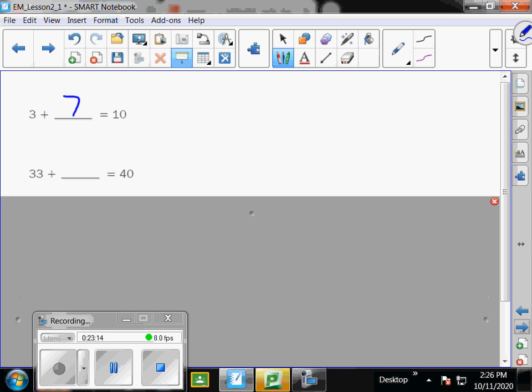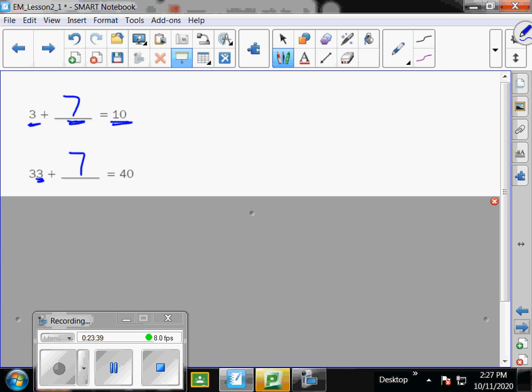All right, so now let's look at the difference here. So that means 33 plus what equals 40? Well, again, if you know that 3 plus 7 is 10, then you should know that 3 plus another 7 will get you to the next 10.